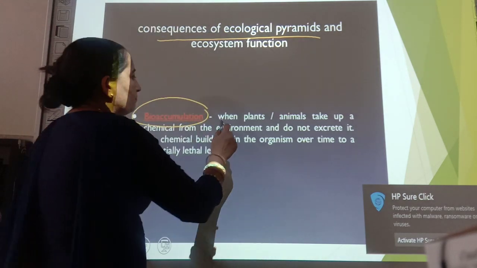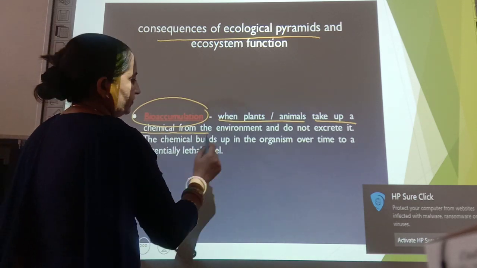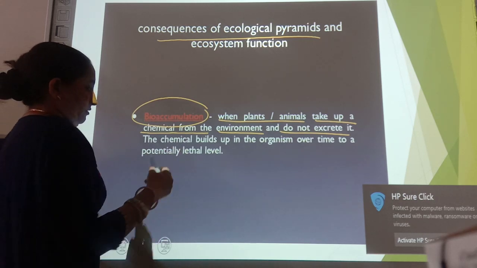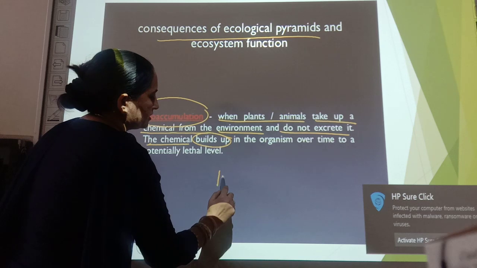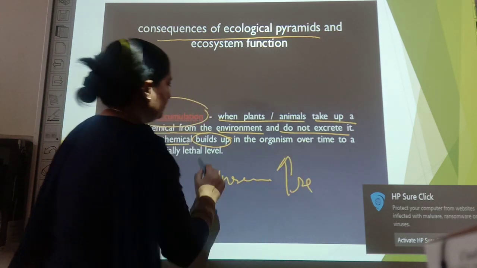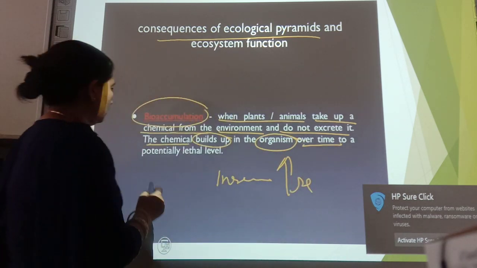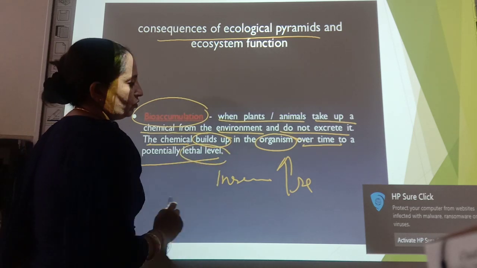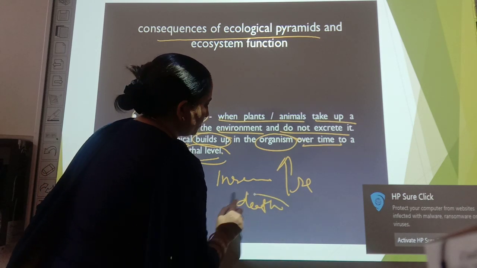When plants and animals take up a chemical from the environment and do not excrete it, the chemical builds up, meaning it increases in the organism over time to a potentially lethal level, and it may cause the death of the organism.